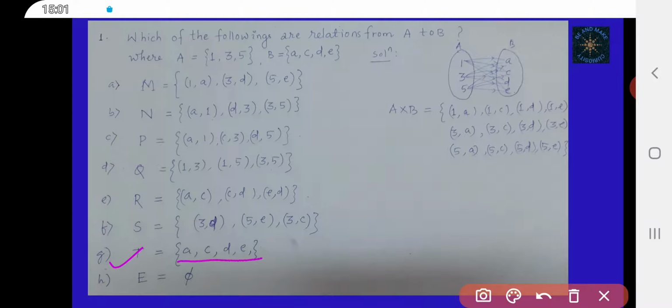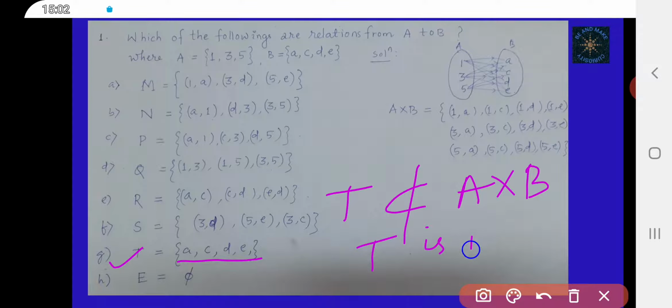Here you see T. This set does not contain any ordered pair. So T is not a subset of A cross B. So T is not a relation. And the E set, the empty set, phi.